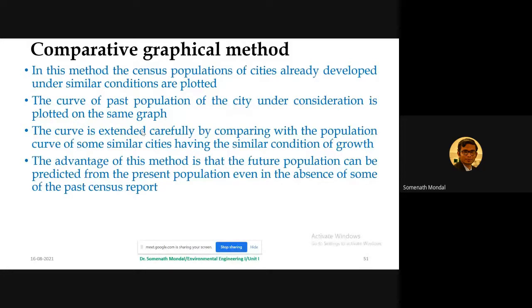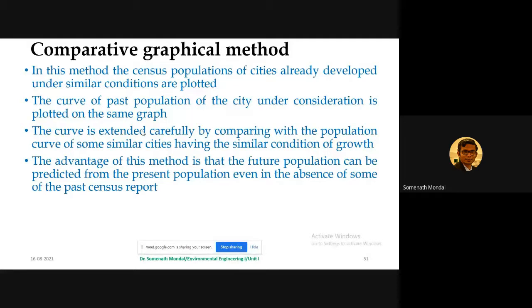It is then assumed that the city under consideration will develop as the selected similar cities have developed in the past. So, we are trying to trend the rate of development similar to some other cities. That is where the question of comparison comes into the picture.